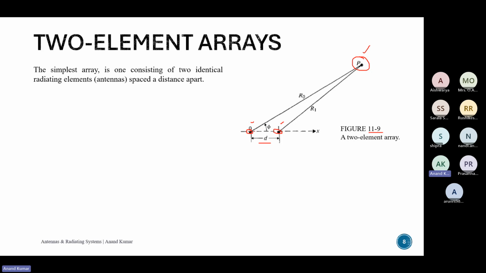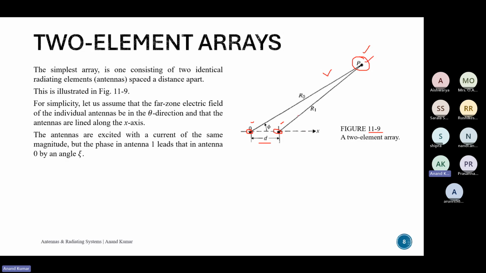This angle is phi 1. So this is the setup, and now we'll try to calculate the electric field at point P. Other information is that the phase in antenna 1 leads by xi angle, sorry, xi.